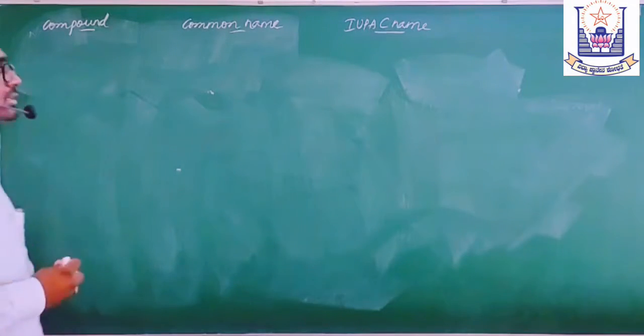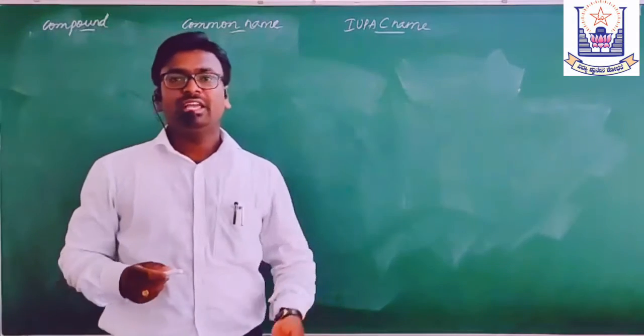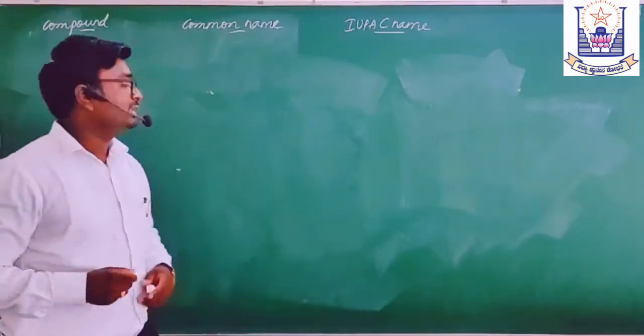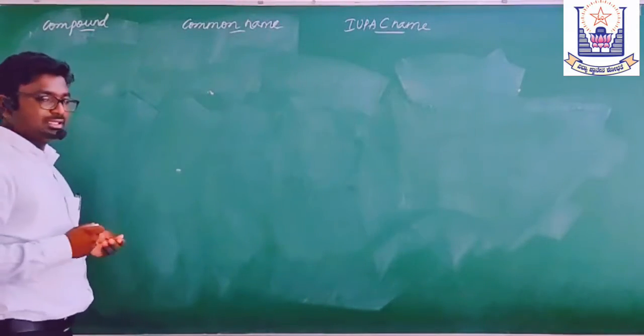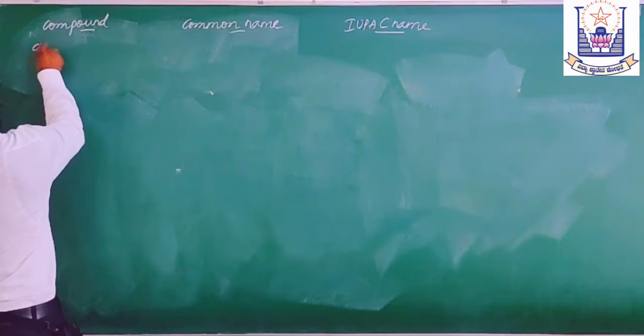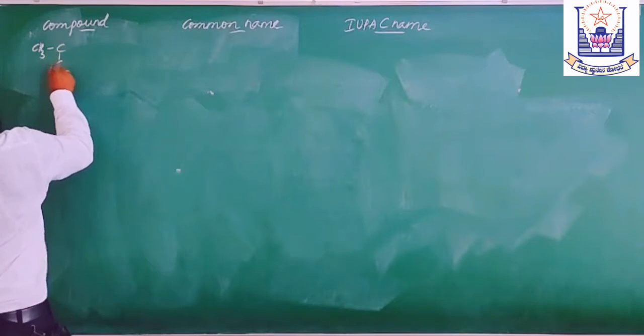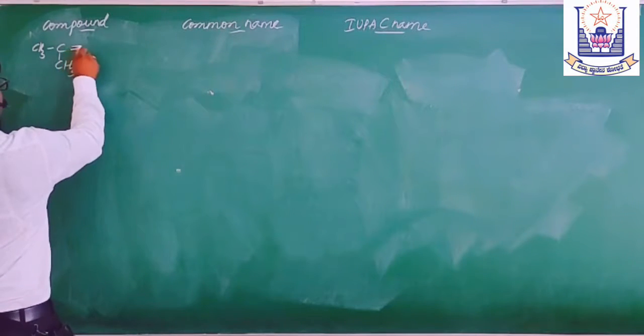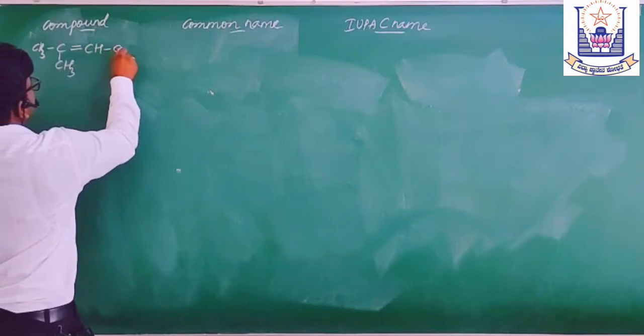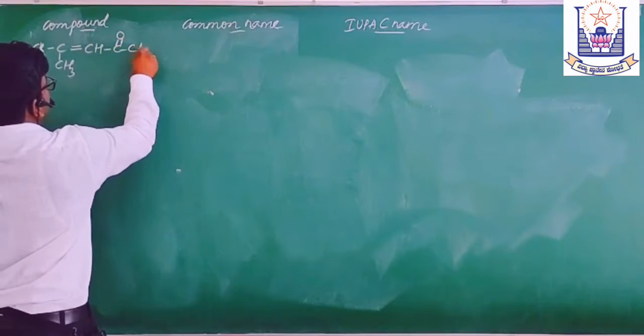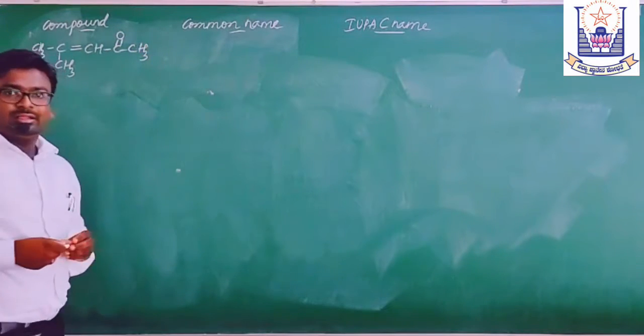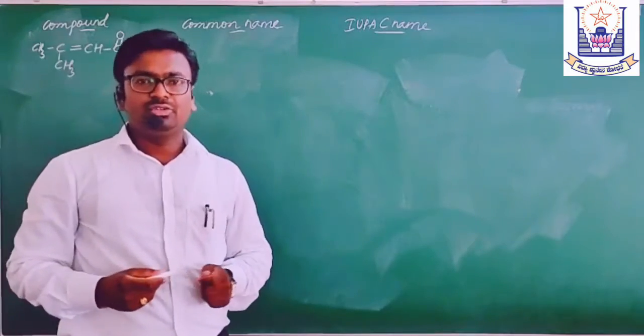Let us consider some unsaturated ketones. For example, CH3, C, CH3, double bond, CH, C double bond O, CH3. What are called unsaturated ketones?